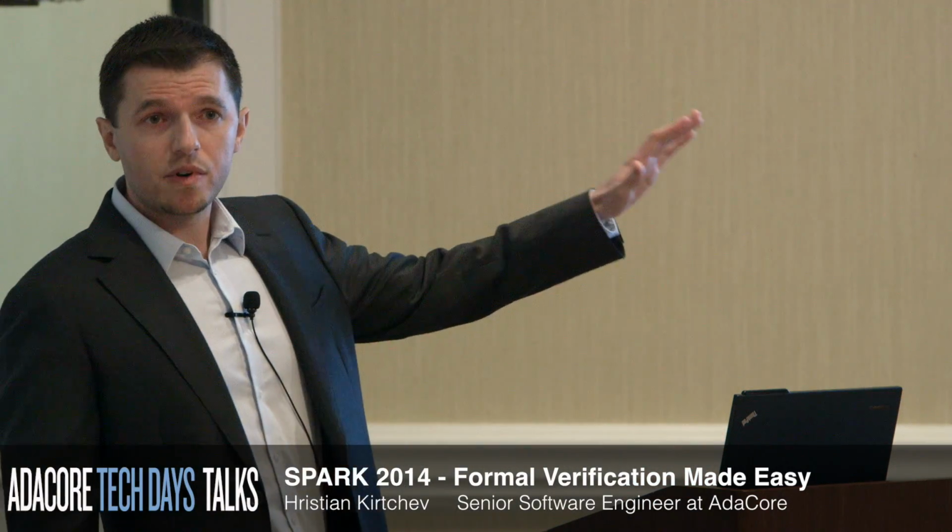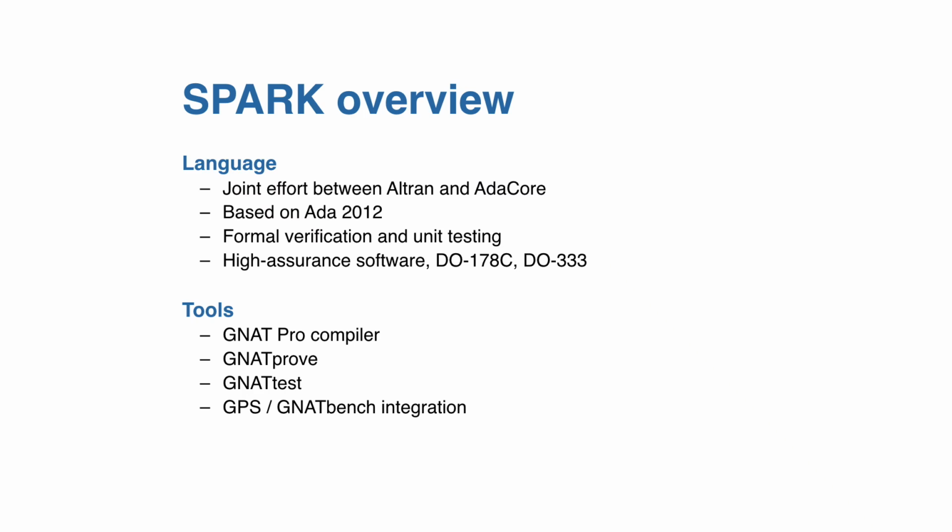The language is powered by some very powerful tools. The GNAT Pro compiler is in charge of Spark semantics and code generation. GNATprove, which is really the heart of Spark, is both a flow analyzer and the formal verifier mixed into one.